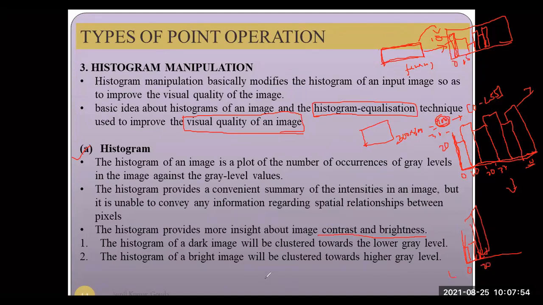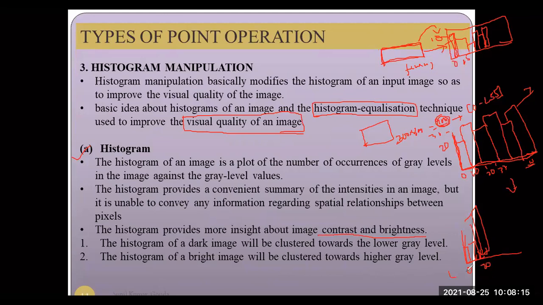Similarly, if we take a brighter image, or we can say a higher contrast and high brightness image, then it will cluster towards the higher gray levels. If it is a much brighter image, what will happen in this case?